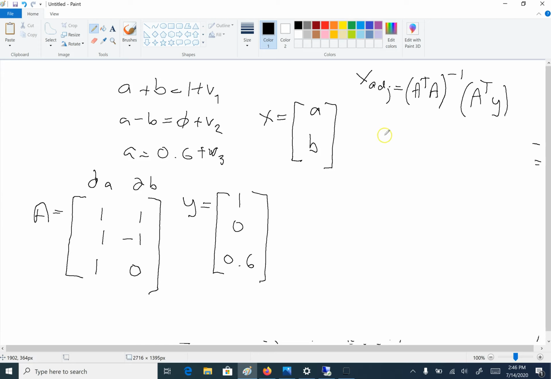So A transpose A, our normal matrix, is going to be equal to 2, 0, 0, 2.